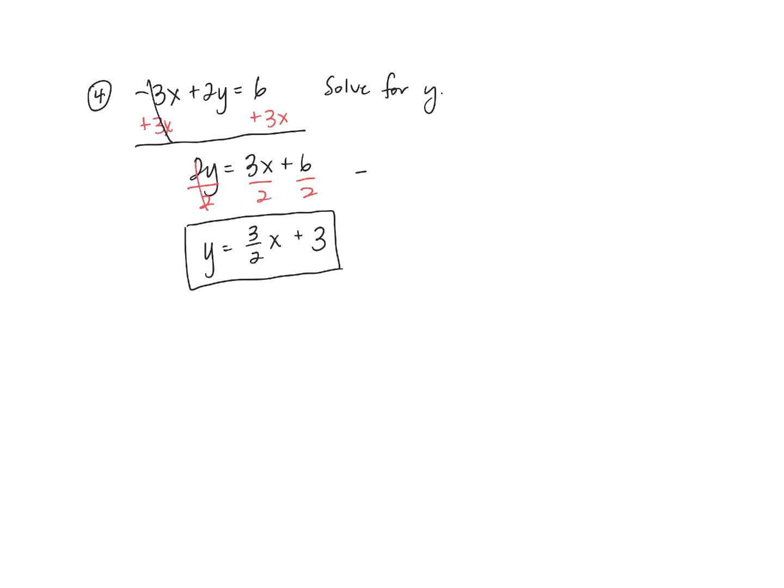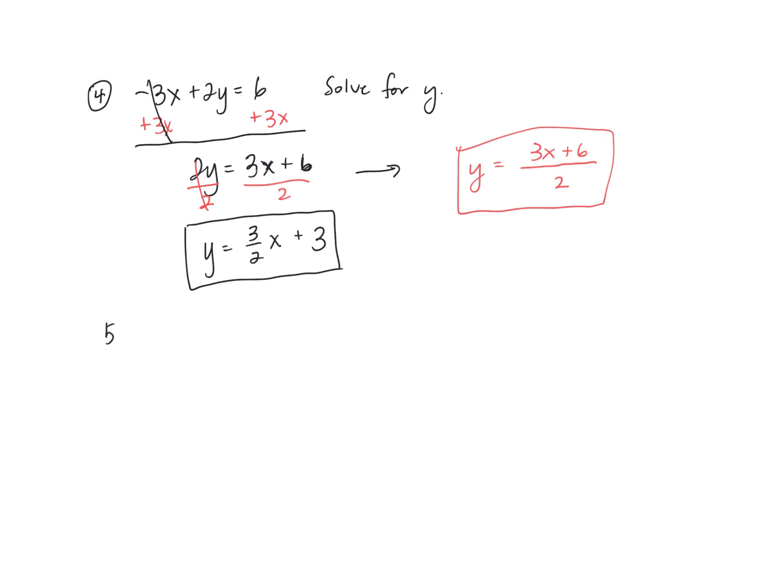Remember, we also said that alternatively, because MyOpenMath wanted it as one big fraction, you could think about dividing this whole side by 2 and leaving your answer as y equals 3x plus 6 all over 2. And that would also be fine. So either of those answers would get full credit on the test.